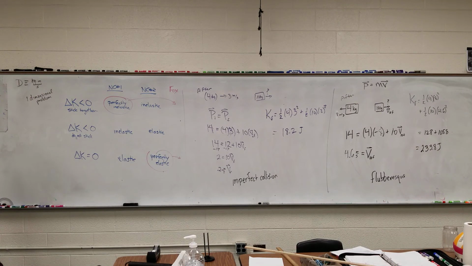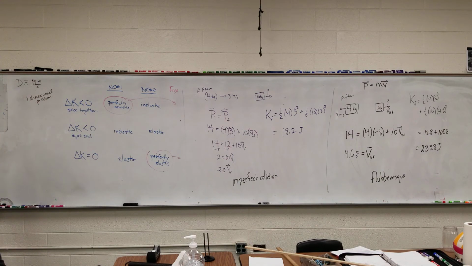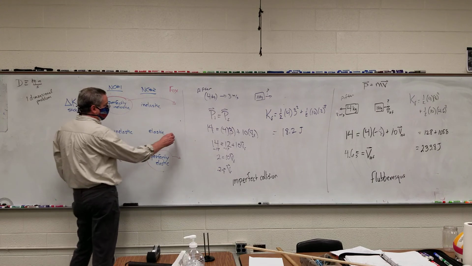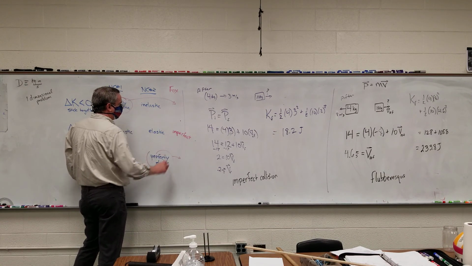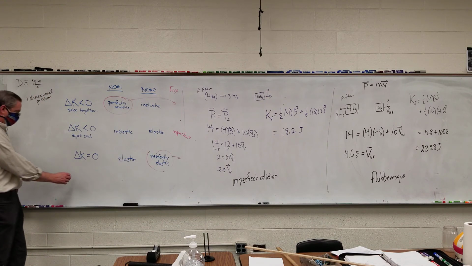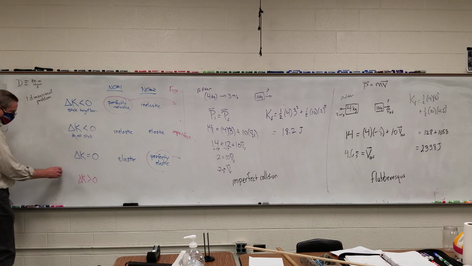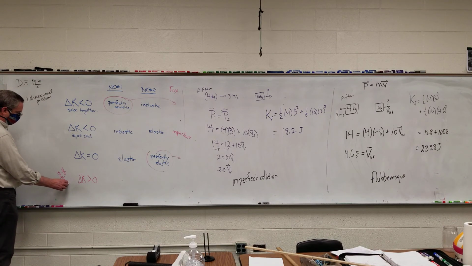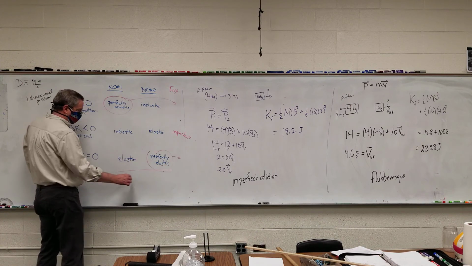And so what goes in the middle, what do I call it? Since inelastic is not unique, elastic is not unique. A student a couple years ago suggested imperfect, and I liked it. Imperfect. And then if the change in kinetic energy is greater than 0 without explosives, textbooks generally call this impossible.